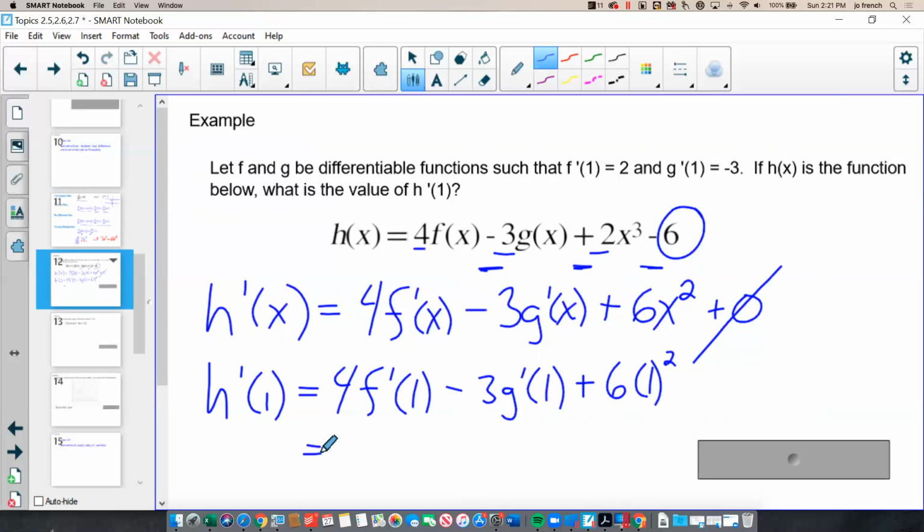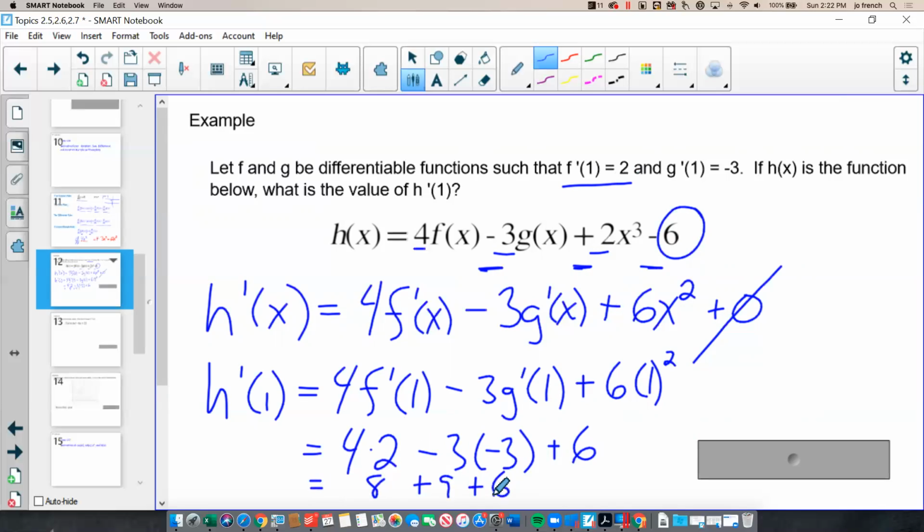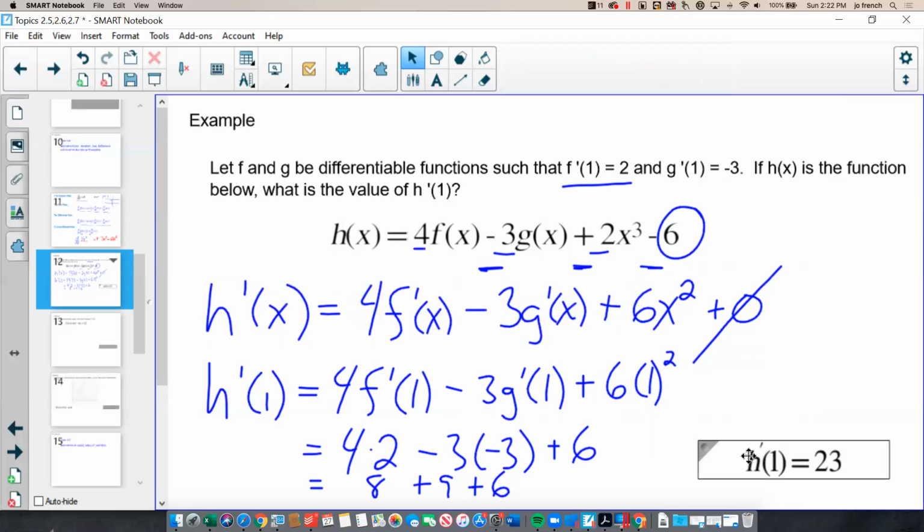And we replace f prime of 1 and g prime of 1 with the values they gave us. f prime of 1 was 2, so 4 times 2 minus 3, and g prime of 1 was negative 3, plus 6 times 1 squared, which is just 6. So that gives me 8 plus 9, the two negatives, plus 6, which turns out to be 23.